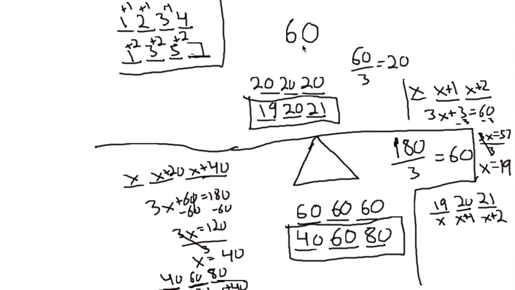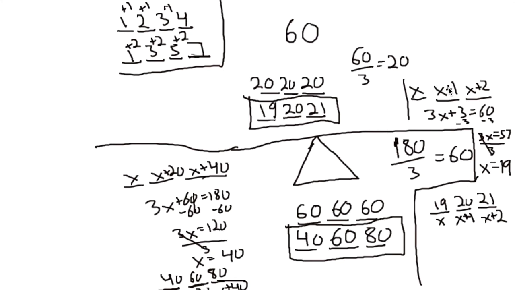What you could do is make 3 slots. The first I'll call x, the second x plus 1, and the third x plus 2, because I'm adding 1 each time.